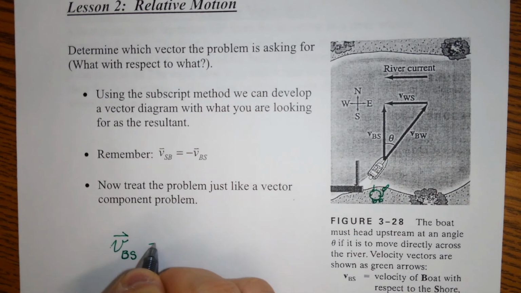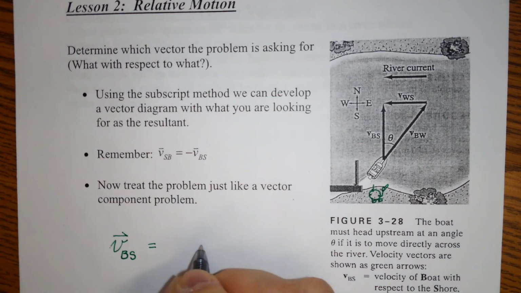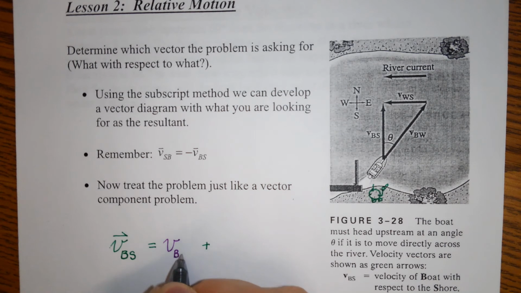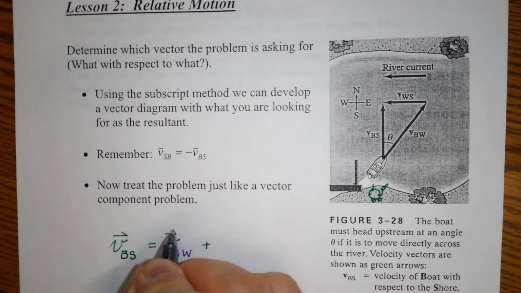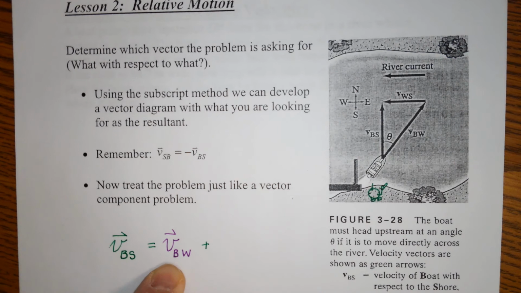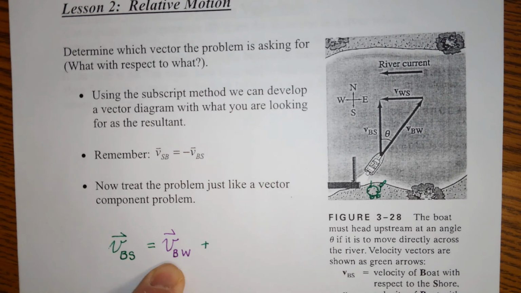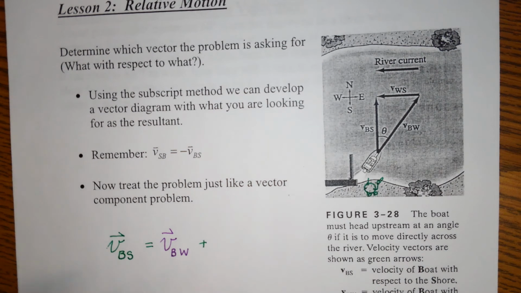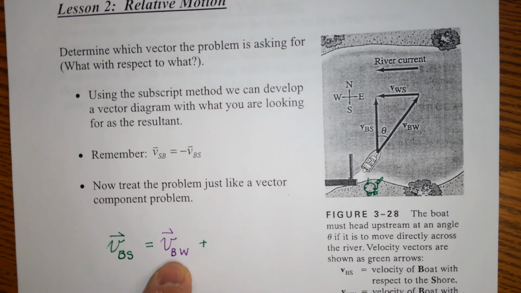That is equal to the velocity of the boat with respect to water. That is how fast the boat can travel in a bathtub with no currents. Right? That's how fast the boat can travel in water without any current.